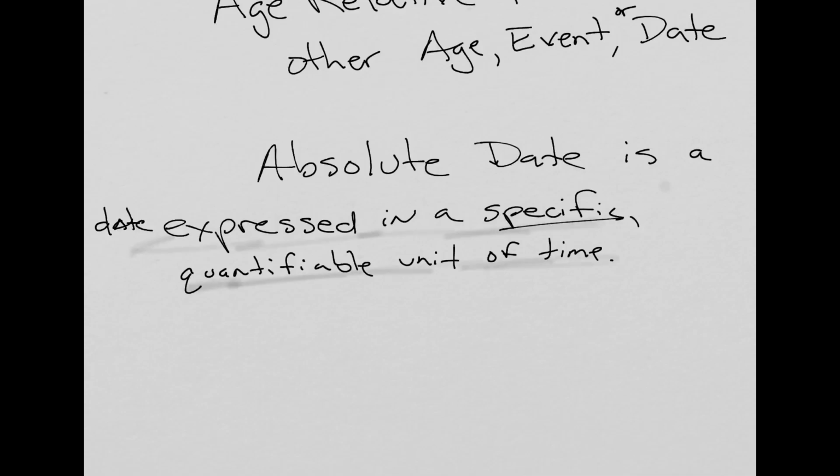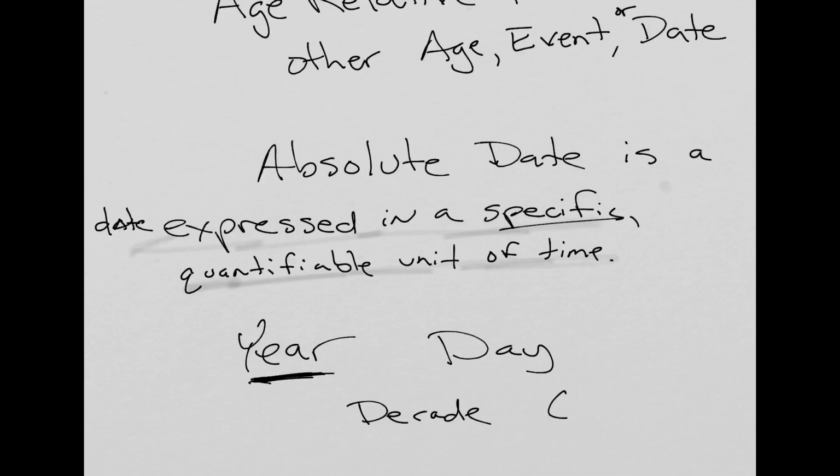And by a specific quantifiable unit of time, I mean something like a year, or even a day, or a season. Well, I guess a year would be the typical thing that we say for a specific date, but it could be a day, right? Or a decade, a century. It could be any of those things.